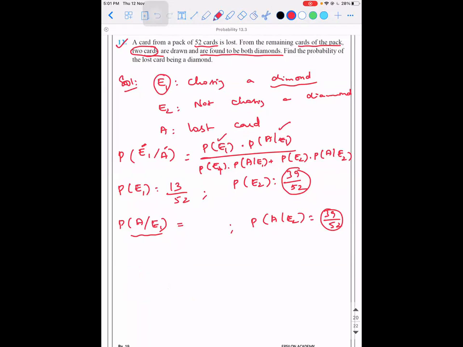So what are the exhaustive events? Choosing a diamond and not choosing a diamond from the whole lot. Event A is about choosing a lost card. So I'm just trying to connect the dots. Probability of getting a lost card, and it is a diamond.